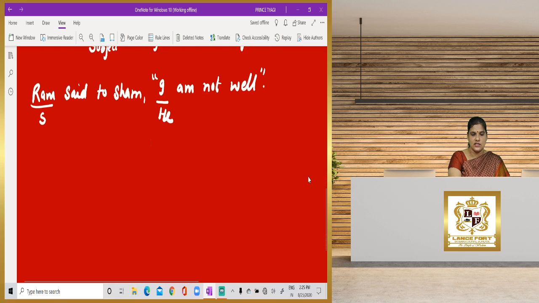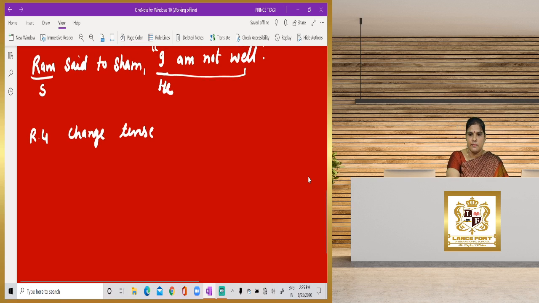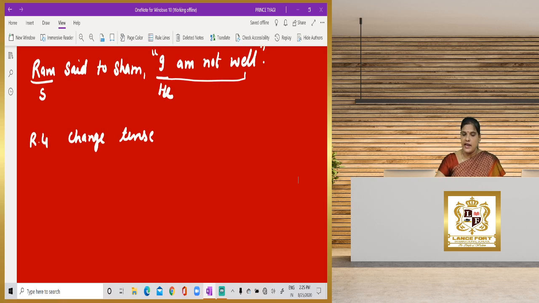Change the tenses. Okay, rule number 4, change the tense. Suppose your reported speech is in a present tense. If it is in a simple present, you will change it into simple past.